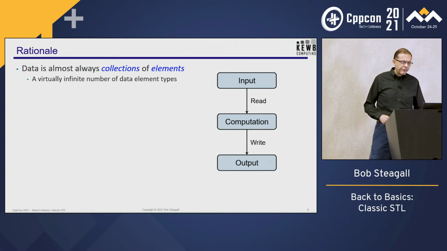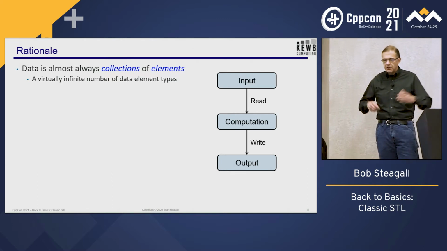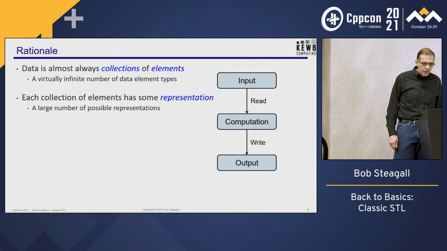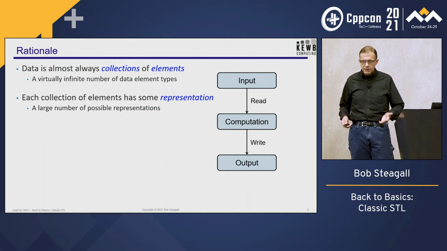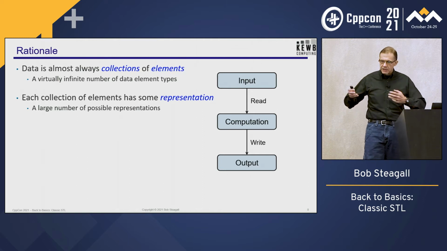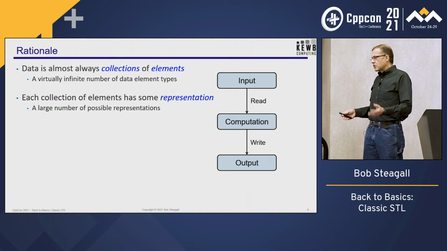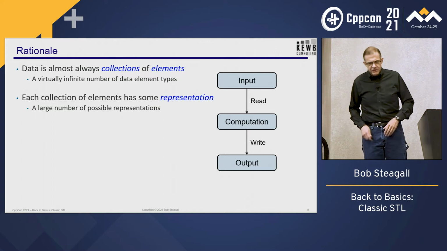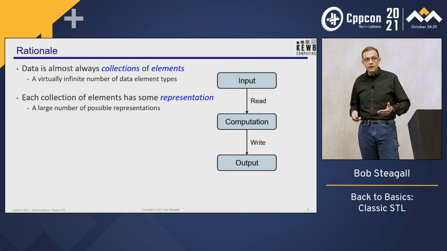And there's a virtually infinite number of data element types in the universe. Each collection of elements that we want to work with has some representation, and by this I mean data structure, a way of structuring these elements in a way that makes sense for the problem. There's probably not an infinite number of representations, but there's a very large number of possible data structures and ways that you can represent collections of elements.